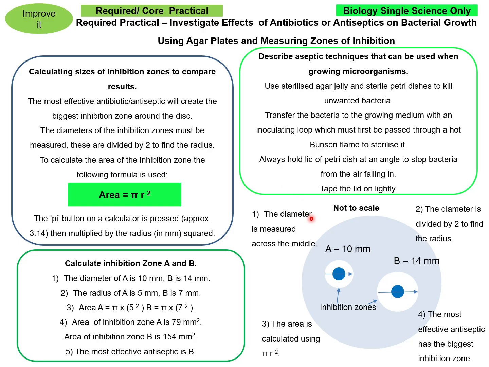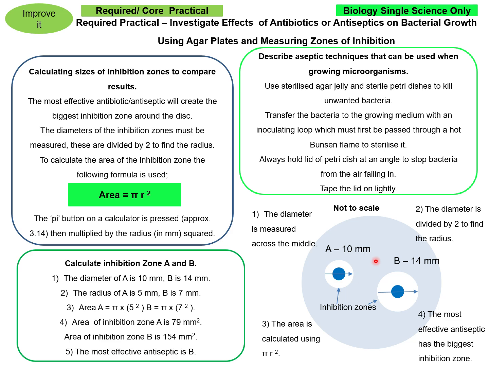Then to the diagram, which is not to scale. Number 1 is the diameter that's measured across the middle, so that goes right the way from one side of the circle of the inhibition zone. It might not always be a perfect circle, that's just for the textbooks, but it usually is approximately, but you get some weird shapes along with it as well.